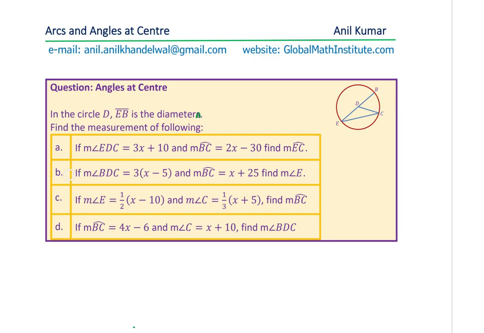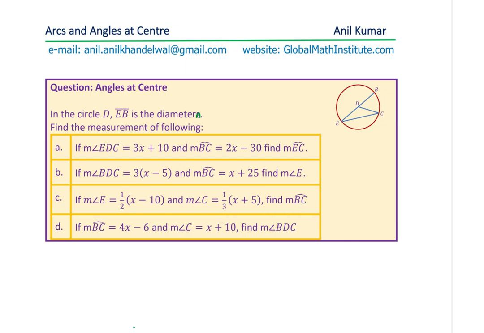Here is part B of this question. If measurement of angle BDC is 3 within brackets x minus 5 and measurement of arc BC is x plus 25, find the measurement of angle EC. If measurement of angle E is half x minus 10 and measurement of angle C is 1/3 of x plus 5, find the measurement of arc BC.